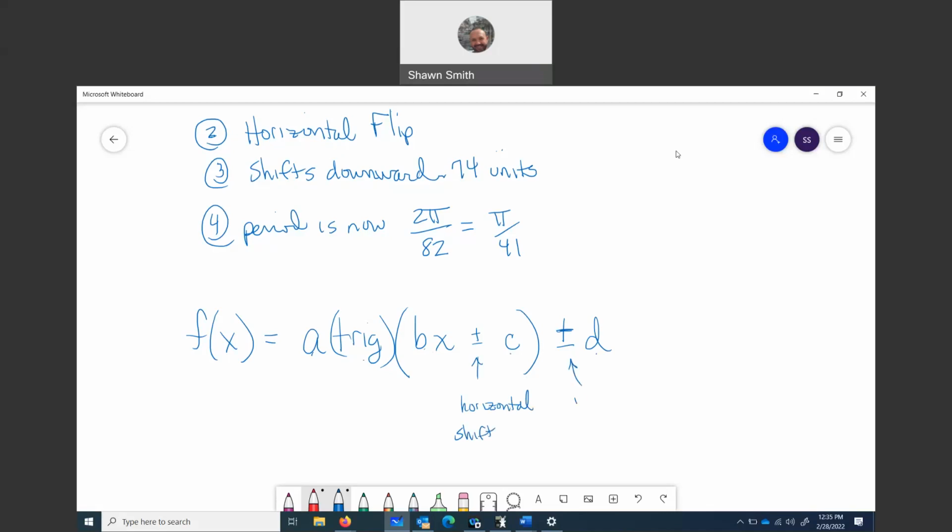This is your vertical shifts. B, used to find period. And A is your amplitude. Absolute value of A.